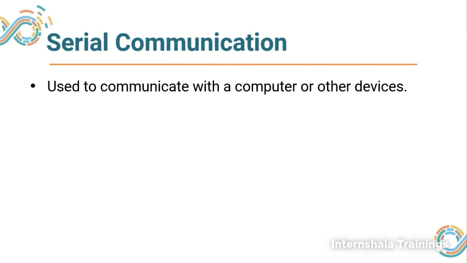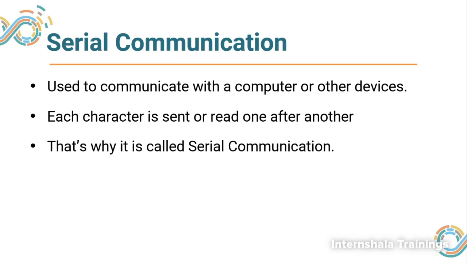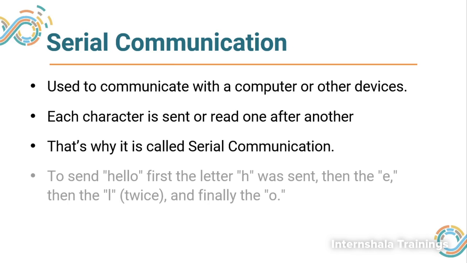What is serial communication? That is the first thing you should know. Whenever we want to communicate with a computer or some other devices, there are a lot of types of communication or protocols that are possible. Serial communication is one of them. Here, every information character is sent one after another, and that is the reason it is called serial communication.